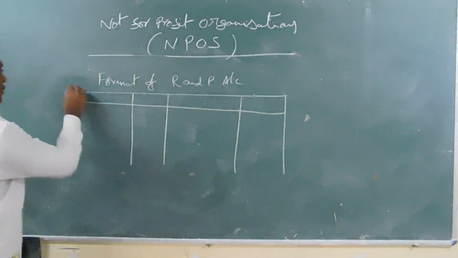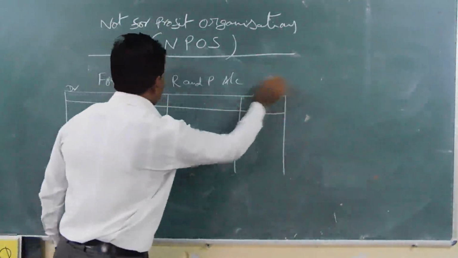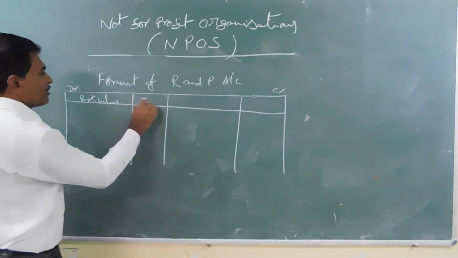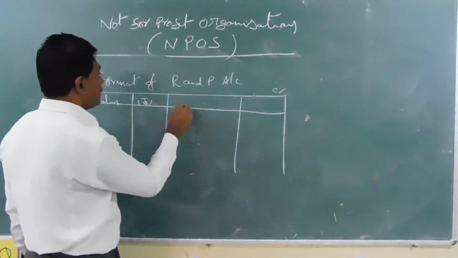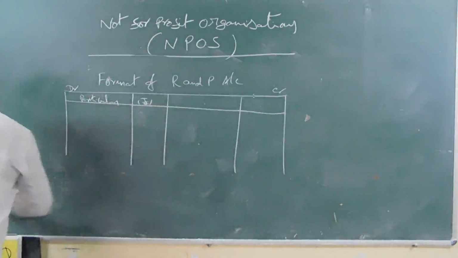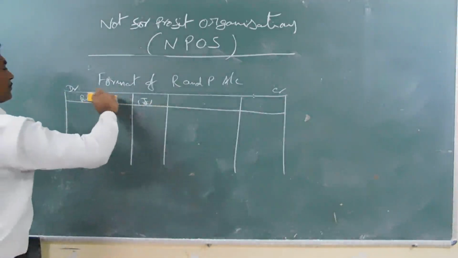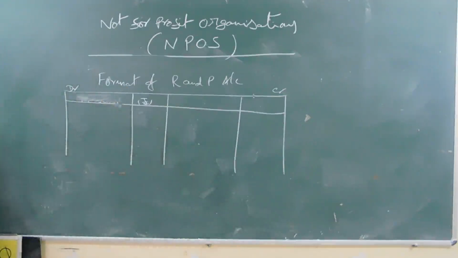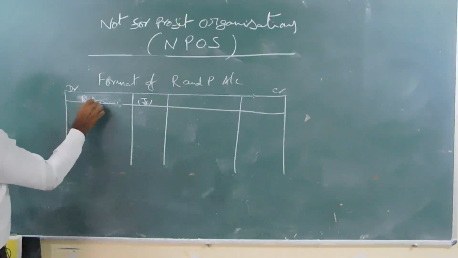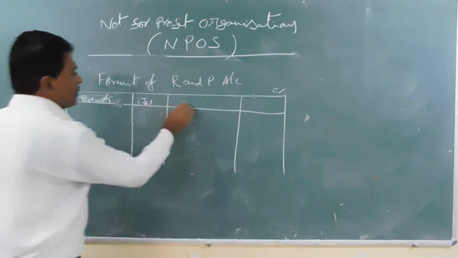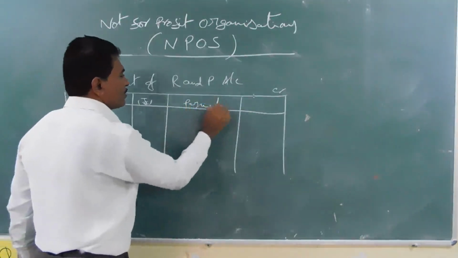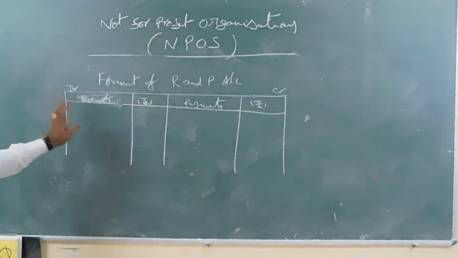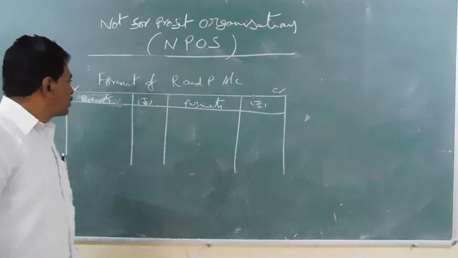In the receipts and payments account, there is the debit side and the credit side, with particulars and the amount in rupees. Instead of particulars, receipts on the debit side and payments on the credit side. So on the debit side receipts are shown, whereas on the credit side payments are shown.